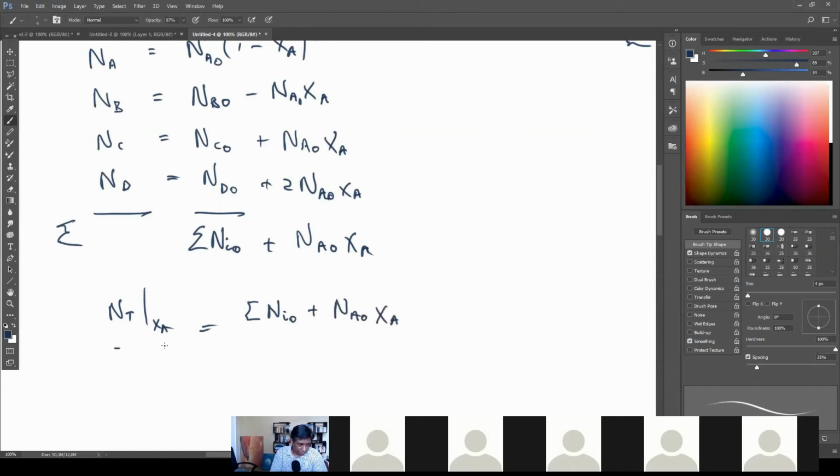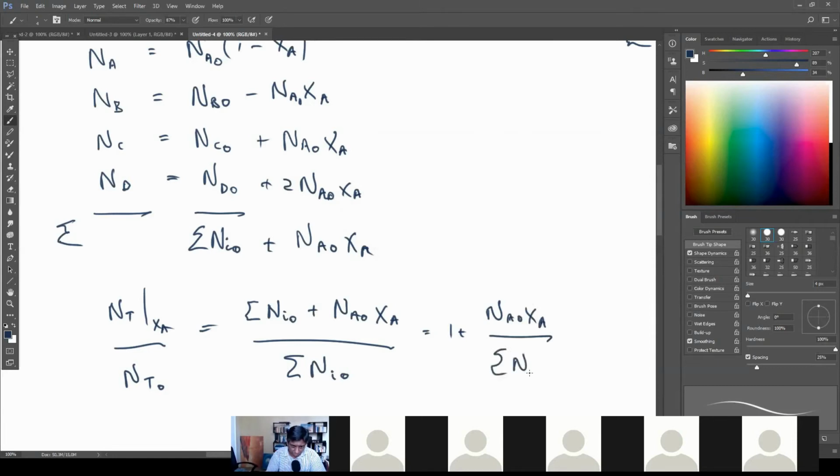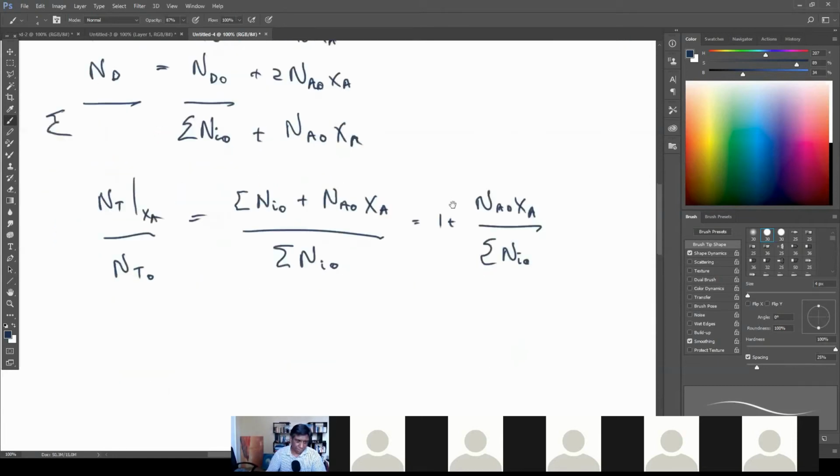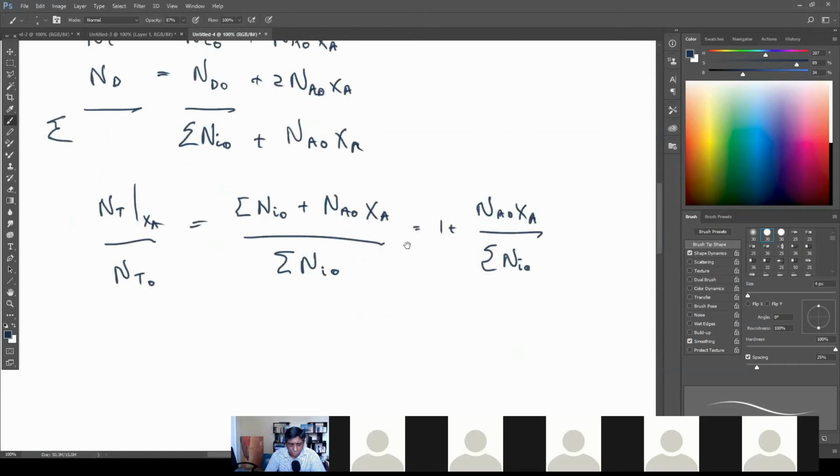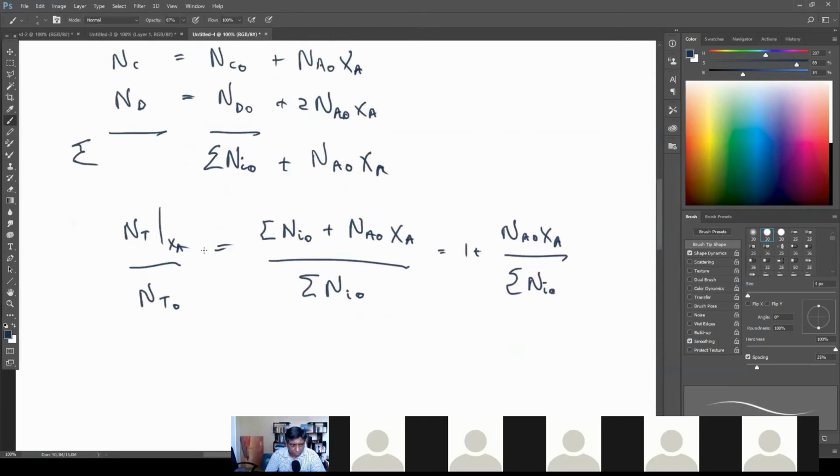Then if we divide that by the initial number, Nt naught, which is the sum Ni naught, this is 1 plus NA naught XA over the sum Ni naught. So that's how our moles are changing.